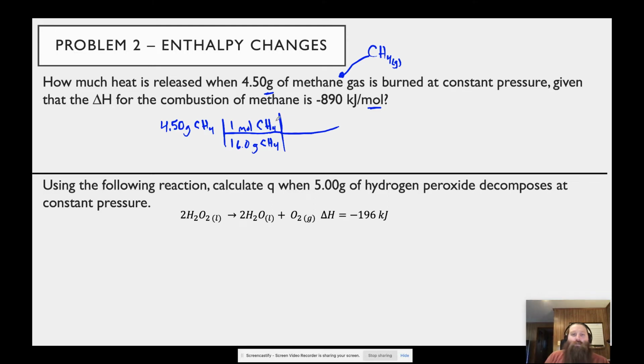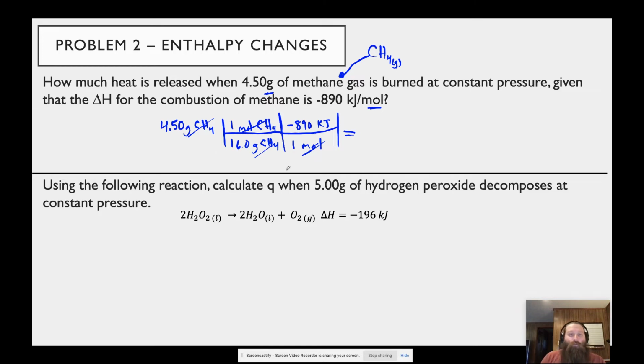Now I've got moles on top. Remember, moles can go to anything. So 1 mole is equivalent to negative 890 kilojoules as far as the delta H of combustion is concerned for methane. So this gets rid of grams and moles, and I'm left with kilojoules, and that's what I'm after.